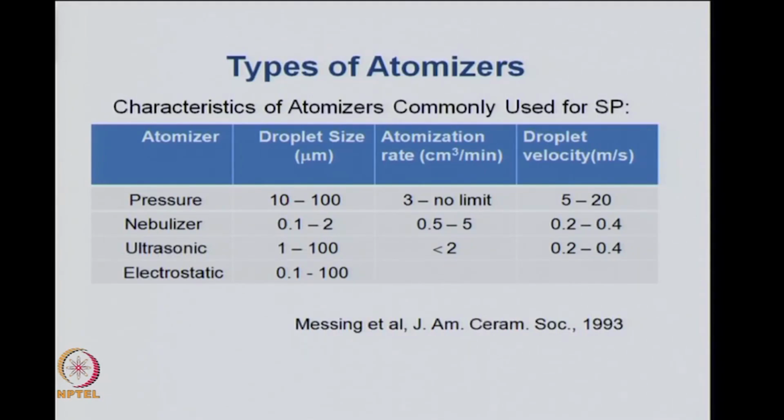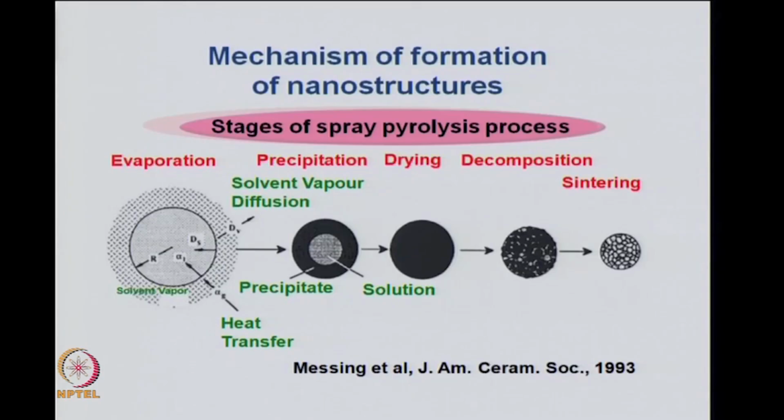size distribution. Now, the mechanism of forming nanostructures: suppose you want to make particles, then what happens during the spray pyrolysis process? There are various stages in this process. When you start, suppose you have this droplet which has the solute in the solvent, and then you bring it to the chamber where there is heat transfer.